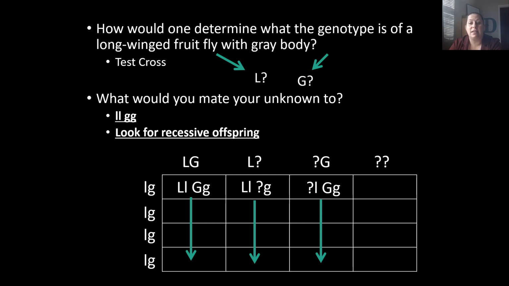They carry the recessive. And I definitely would look at this last column to see if they have recessive traits. Guys, if no recessive traits are present, this means that they would be all homozygous dominant. Big L, big L, big G, big G. But guys, this is how a test cross could also be used for a dihybrid cross. Okay, so it still could be used with a dihybrid cross.